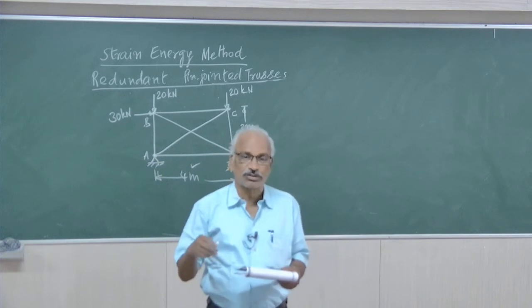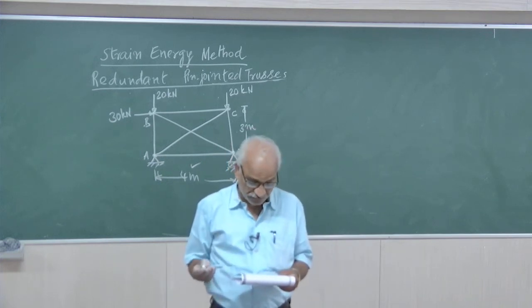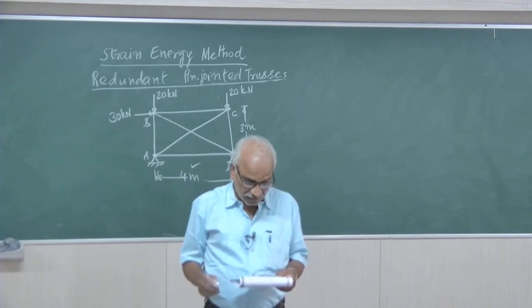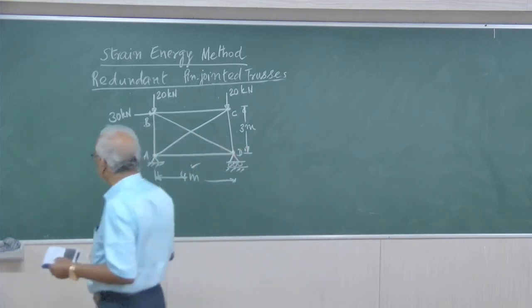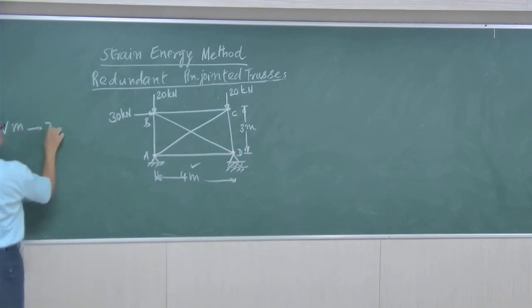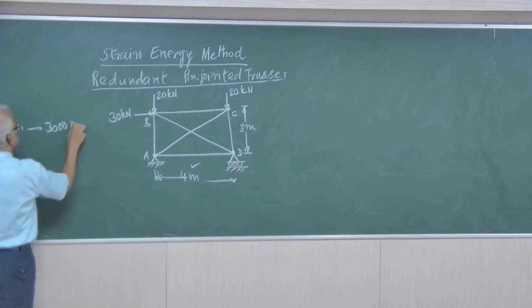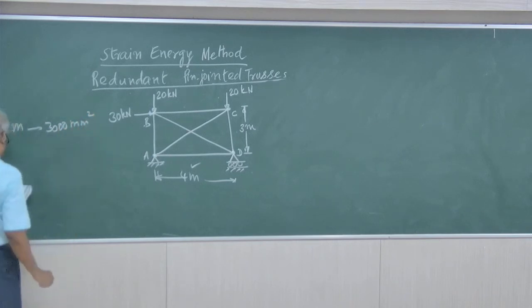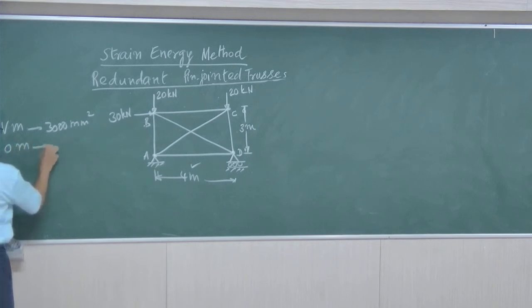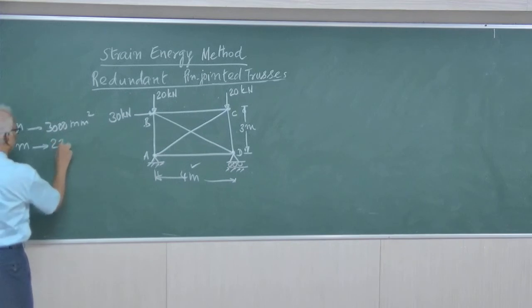That means you have to find out the axial load in all members of the frame given in the figure, in which the cross-sectional area of vertical members are 3000 mm square, and cross-sectional area of other members, let us write it briefly, 2200 mm square.